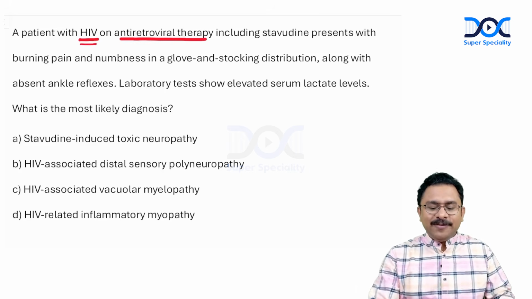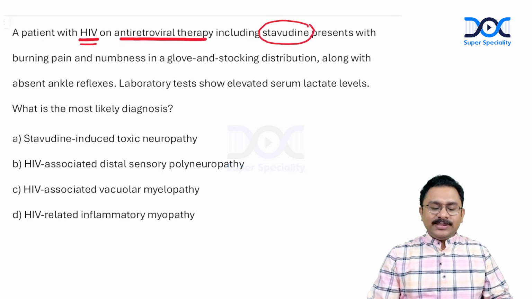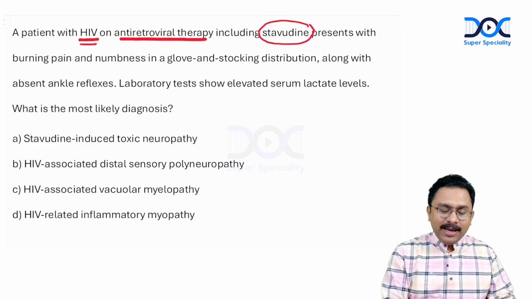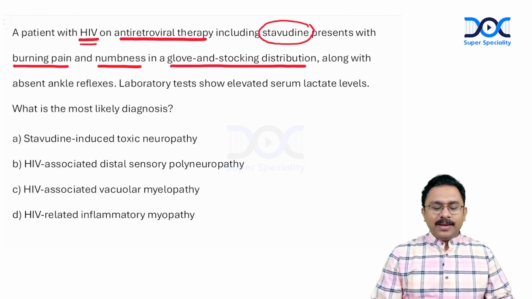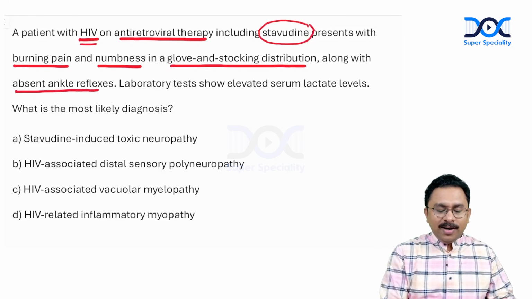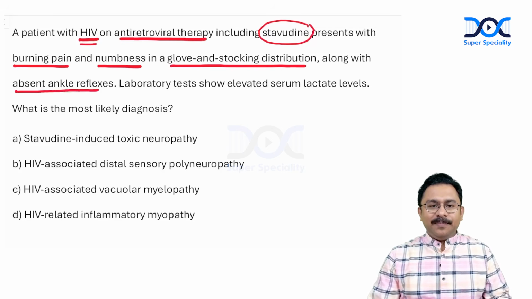There is a specific mention that the ART in this patient includes stavudine, and the clinical presentation is with pain and numbness in glove and stocking distribution, along with absent ankle reflexes. This is basically suggestive of a peripheral neuropathy, right?